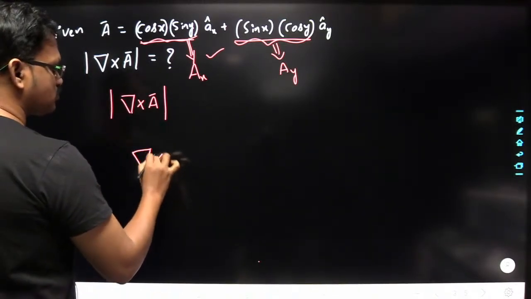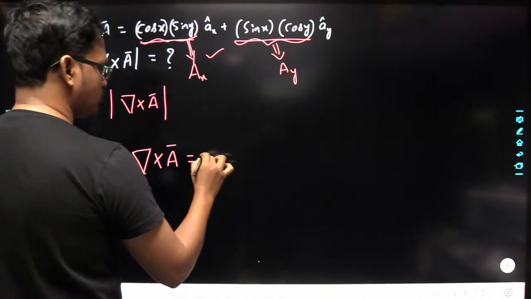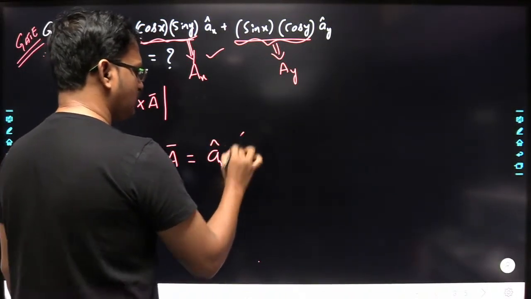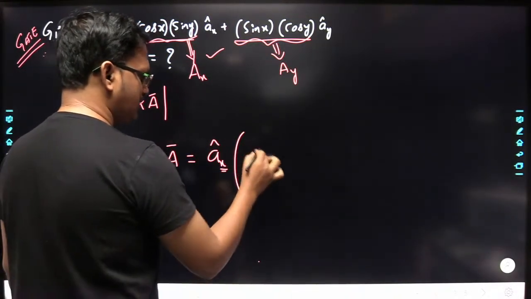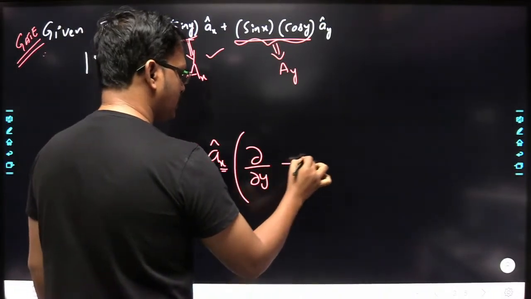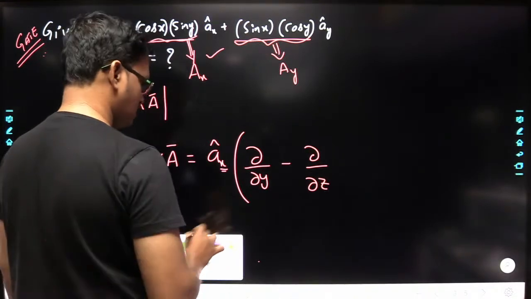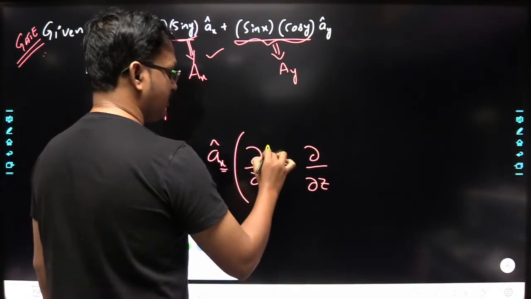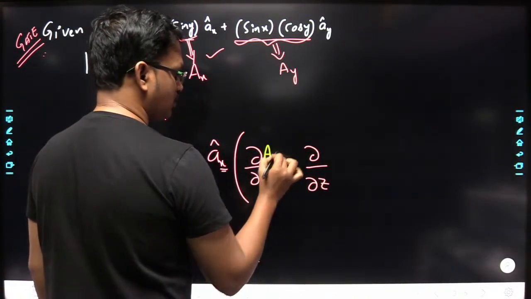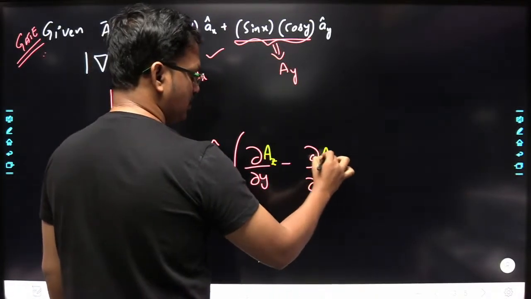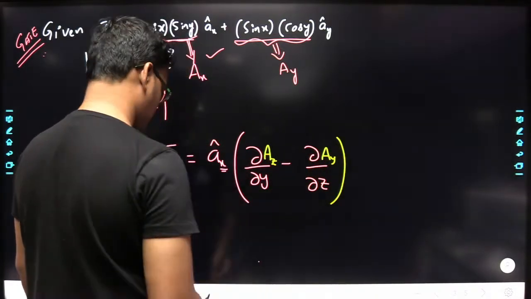Yes or no? So you can write directly: ax cap into, here you are having x, so dou by dou y minus dou by dou z. Here you differentiate the z component of A bar and here the y component of A bar, right?